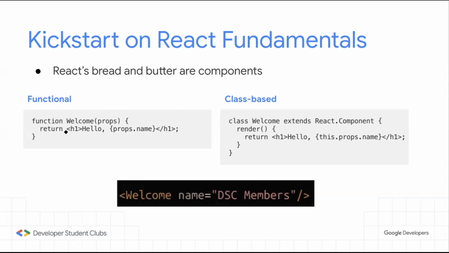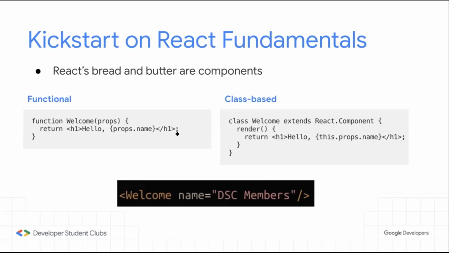And I'm returning a header from HTML, if you remember, that says hello and someone's name, and then we close the header. For those who are familiar with HTML and recognize this header element, this is exactly why JSX is so powerful. JSX is what allows us just to write this header element inside our JavaScript code. It's really useful and really nice.